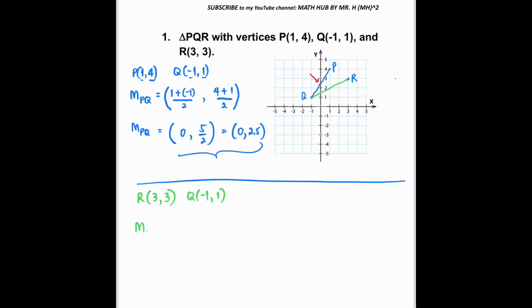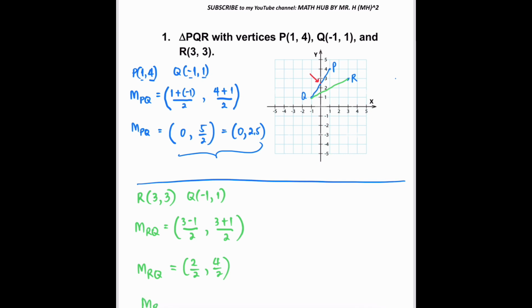So the midpoint of a segment RQ, so we get the x coordinates. So we get 3 minus 1 divided by 2, and 3 plus 1 divided by 2. So midpoint of segment RQ is at, so this is 3 minus 1 is 2 divided by 2. 3 plus 1 is 4 divided by 2.